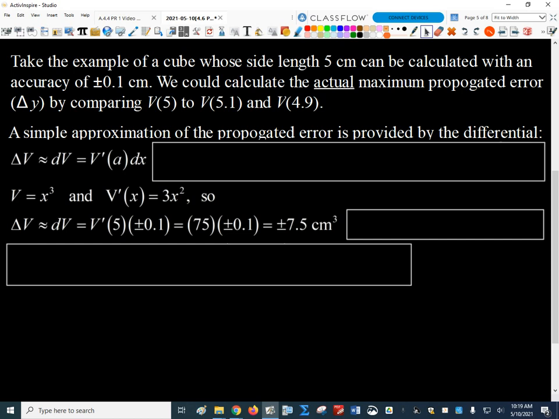What's nice is we can just do one simple calculation that includes the plus or the minus possible propagated error. And we just get 75 times 0.1 is 7.5. And the logical units of volume, if we're measuring side length in centimeters, are centimeters cubed. Okay, everybody see that? It's pretty easy, isn't it?